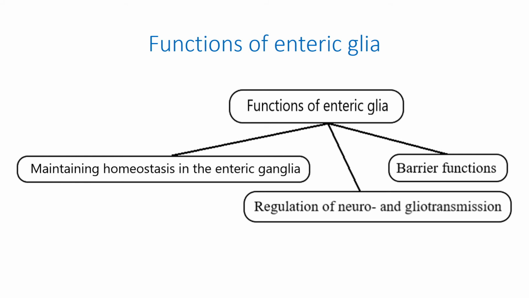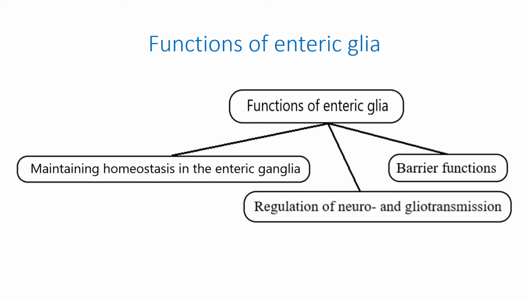Enteric glia sites also support neurotransmission by regulating the bioavailability of neuroactive substances in the extracellular environment. Enzymes on the cell surface of the enteric glia sites and various transporters remove neuroactive compounds surrounding enteric neurons. Similarly, channels in the glial cell membrane support neurotransmission and prevent excitotoxic neuronal death by regulating and buffering extracellular potassium.